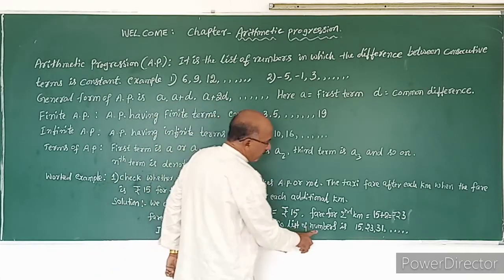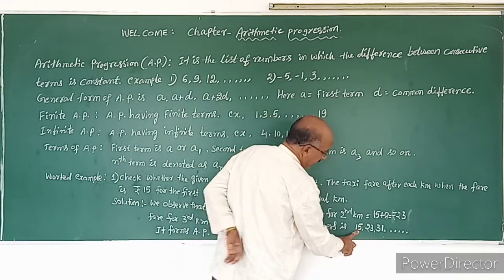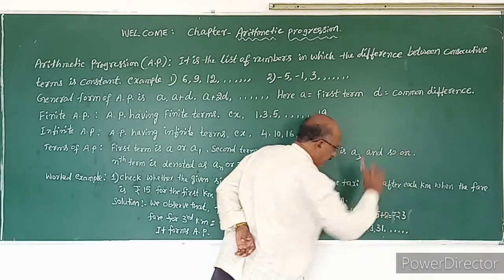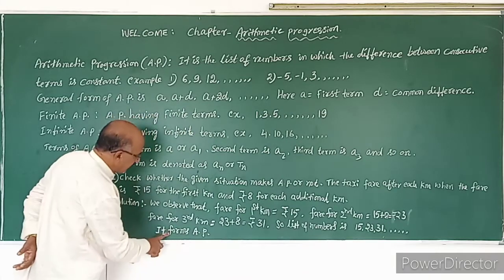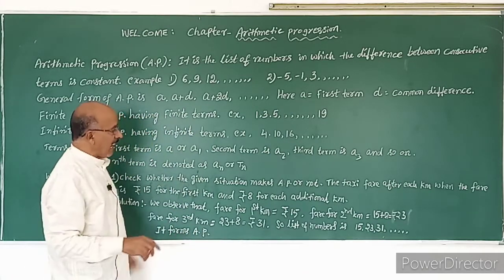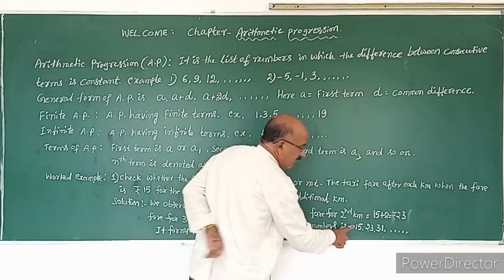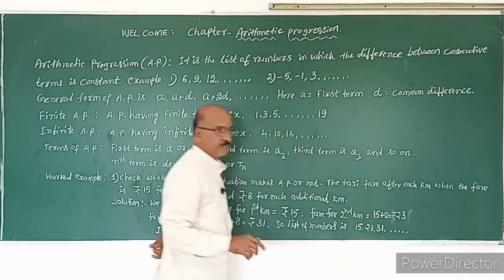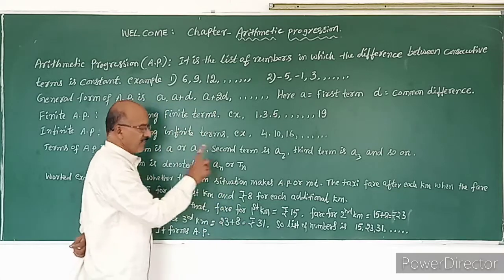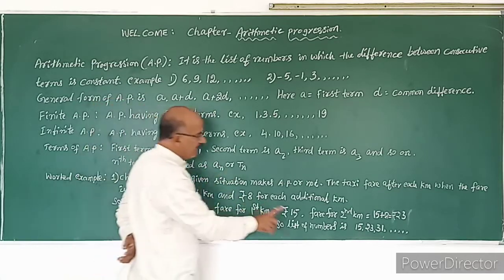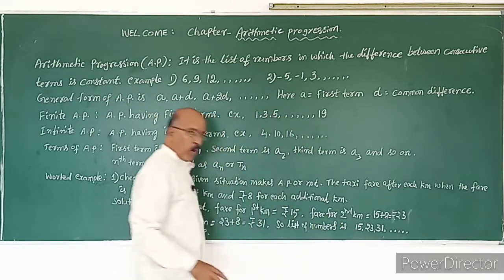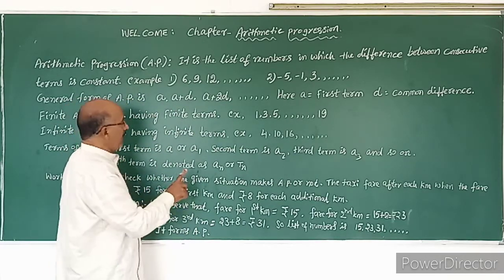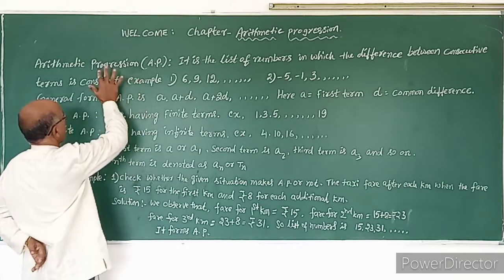So the list of numbers is 15, 23, 31 and so on. It forms an AP because there is a common difference among the terms. The common difference is 8 and the first term is 15. Therefore, the given situation is an arithmetic progression.